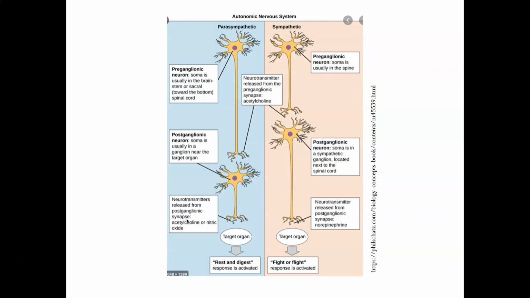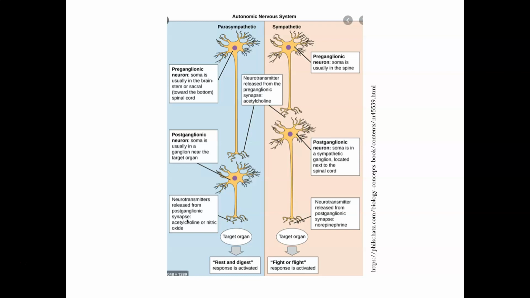All right, so this is a little bit clearer of a slide, and it shows us again the same thing that we were talking about, how you have a preganglionic neuron and how it releases acetylcholine. Then you have your postganglionic neuron. On the parasympathetic side, it's going to release acetylcholine at the target organ to rest and digest. On the sympathetic side of life, it's going to release, at the end of that postganglionic neuron, norepinephrine.